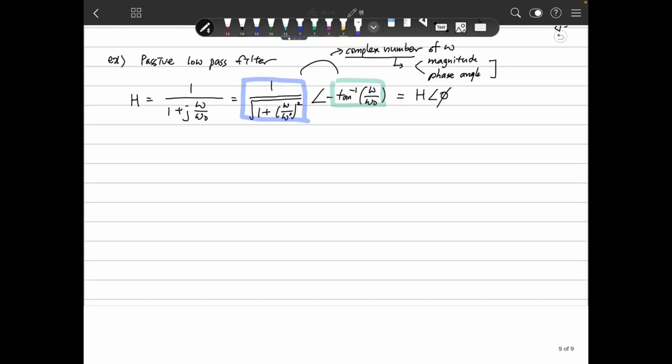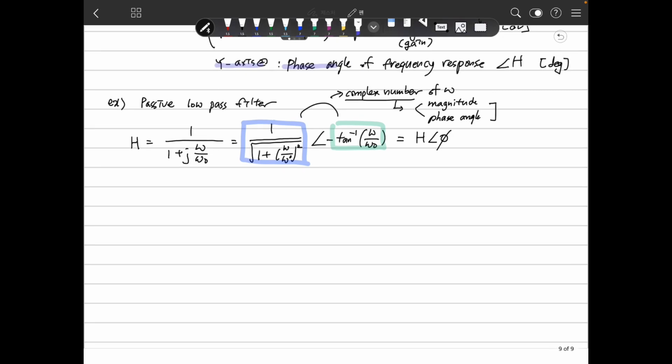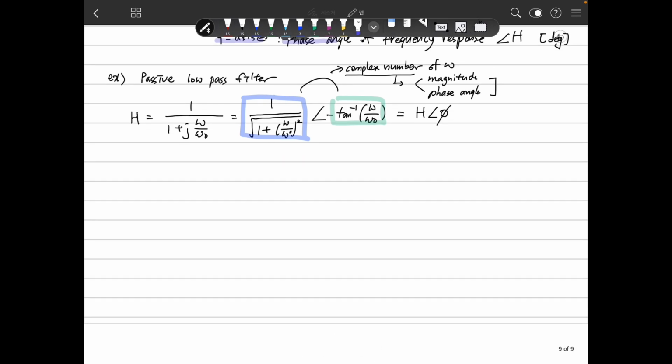So we have the passive low pass filter just like that. Then we need to get the gain. And the gain is H. H will be 1 over the square root of 1 plus omega over omega 0 squared, right?